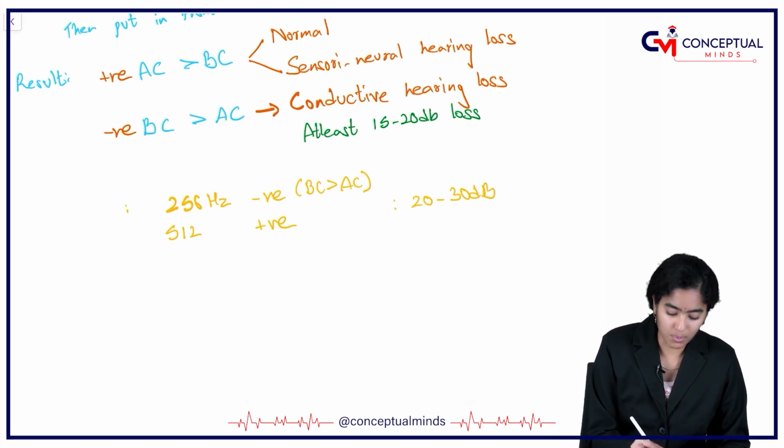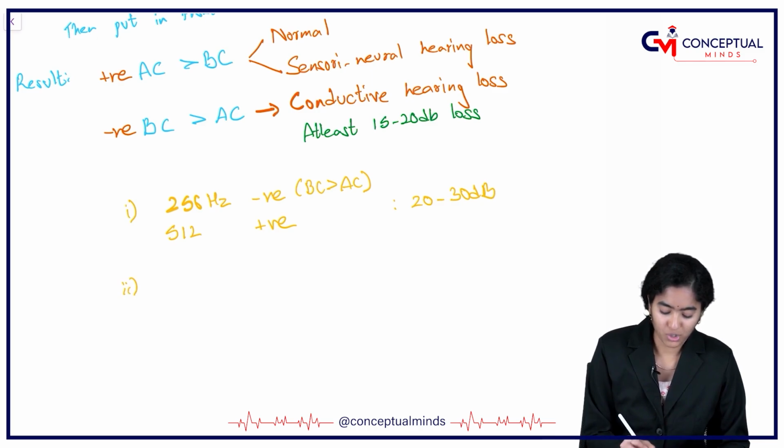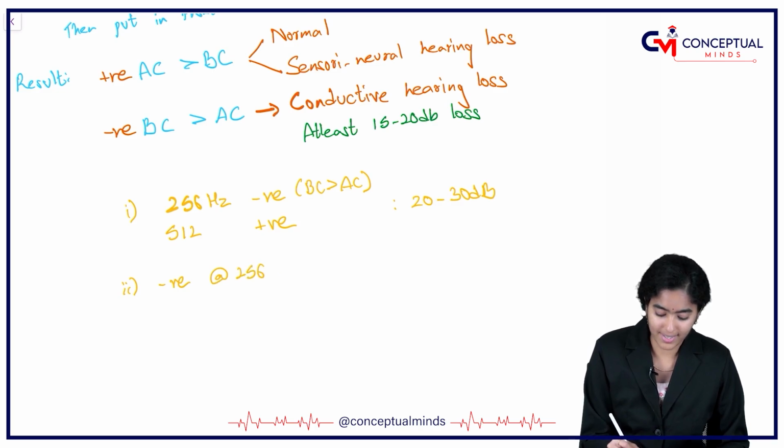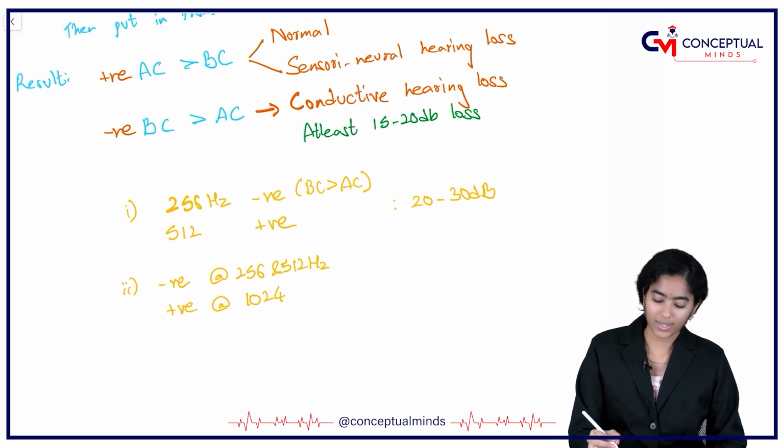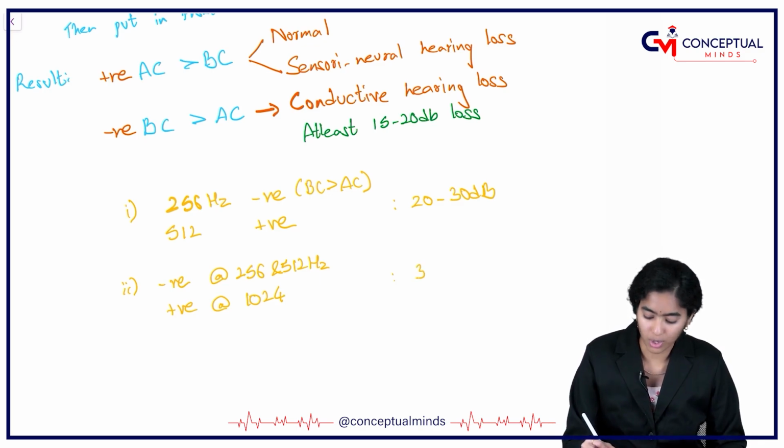Next scenario that is possible is, the patient is having negative Rinne test at both 256 and 512 Hz, but positive Rinne at 1024. What does that mean? That means the patient is having a hearing loss of 30 to 45 decibels.